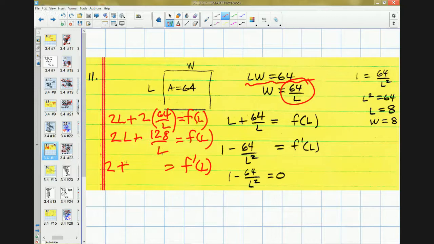Derivative of a quotient is the denominator times the derivative of the numerator, which is going to be 0. So let me erase that. Minus, so I should erase the plus too, minus the numerator times derivative of denominator.